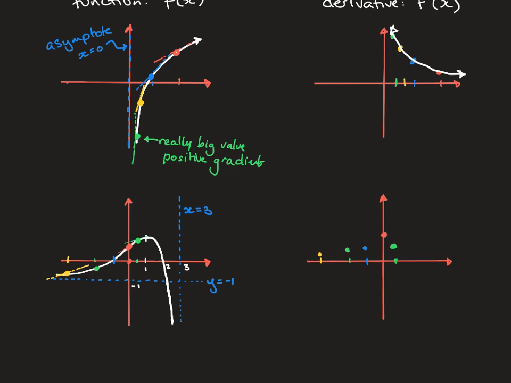And what we've got at the point 1, when x is equal to 1, at this point here, we've got a 0 derivative. So let me just mark that in, a 0 derivative there, which means we're going to have an x-intercept on our derivative graph there. And then our graph becomes, from there, more and more and more negative.